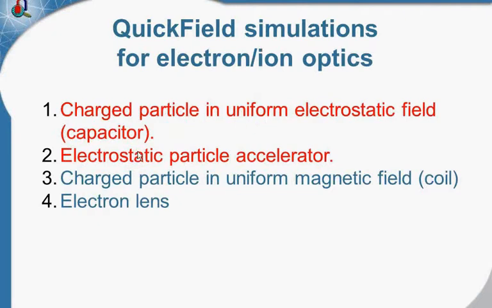Then the second problem is the real device, the electrostatic particle accelerator. And the magnetics problems are charged particle in uniform magnetic field in the coil and the electron lens.